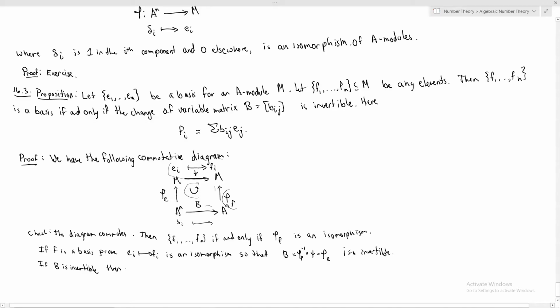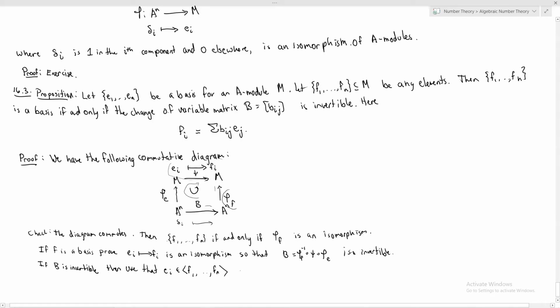Oh, if B is invertible, then you kind of have to resort back to this linear algebra proof, I think. So as far as I can tell right now, this only really works in one direction. And use that E_i is in the pre-module generated by F_n.